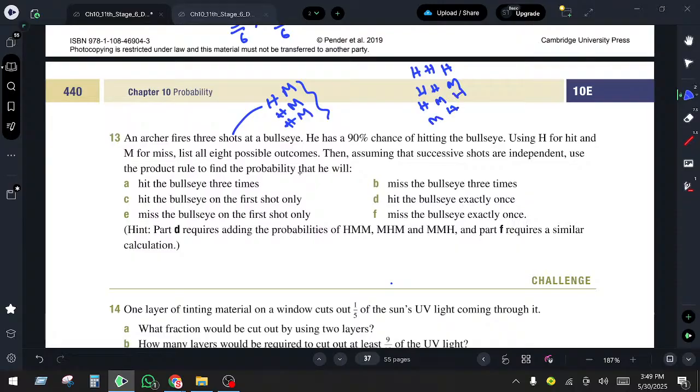Miss, hit, hit. Replace M and H and you will get the other 4, a total of 8. Hitting the bull's eye 3 times is only one outcome, so 1 over 8. It is just like the head and tail combinations, with T replaced by M. The rest is all the same.